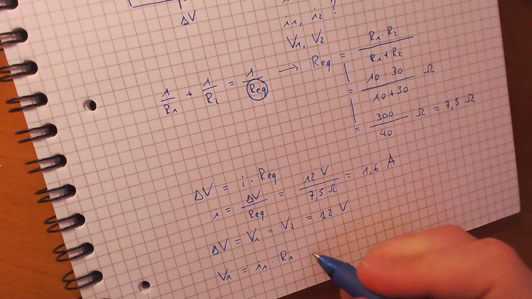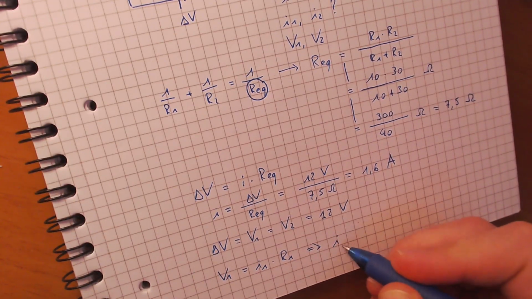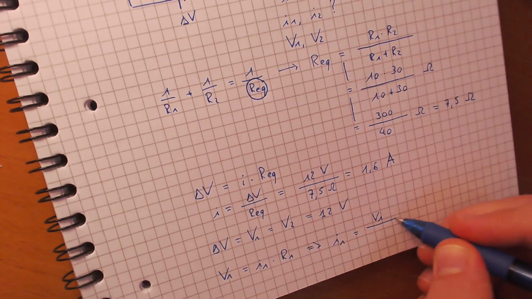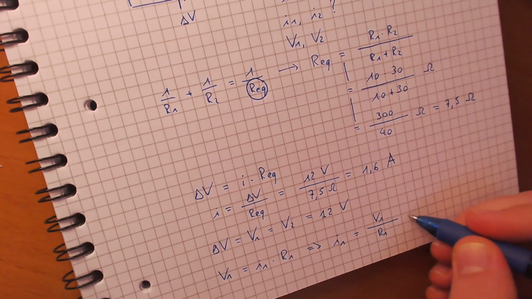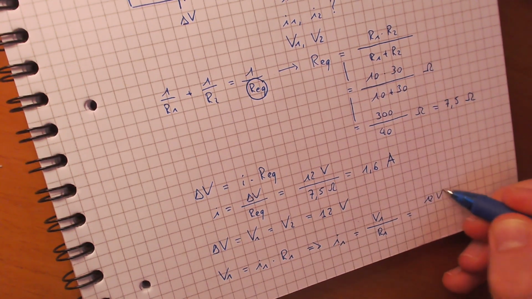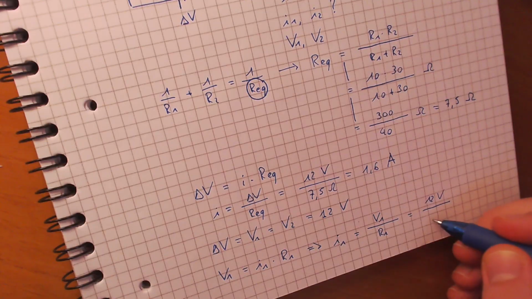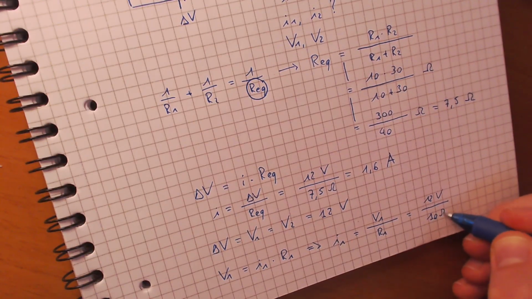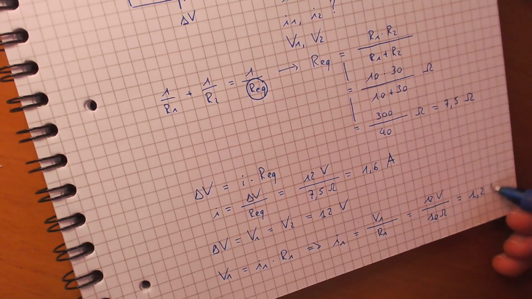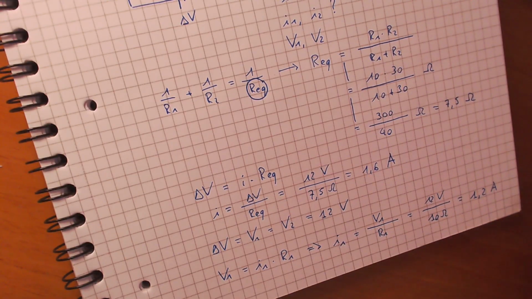That means that I1, so the first current, is V1 over R1, so that means that this is 12 volt over R1, which was 10 ohm, so this will be 1.2 ampere. So this is the first current flowing through the first resistor.